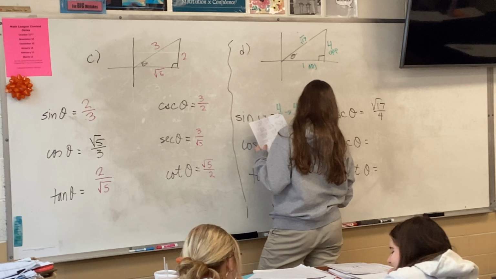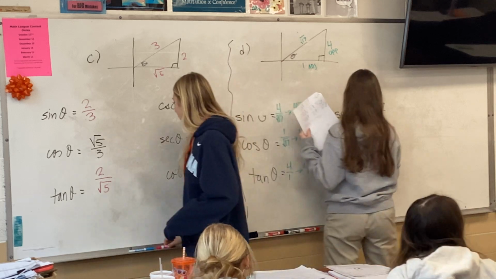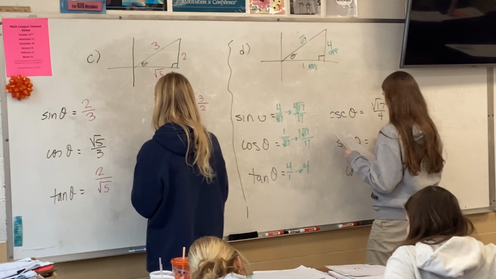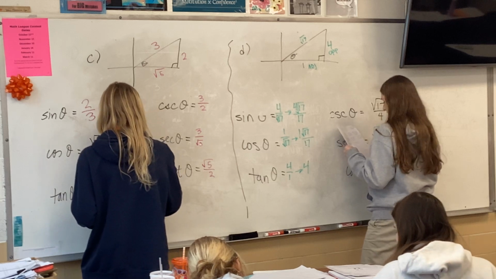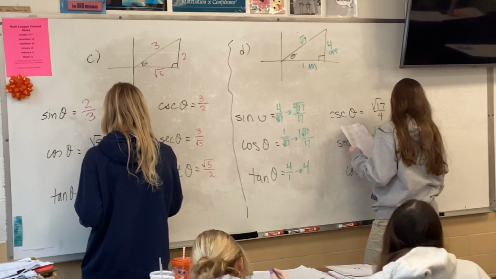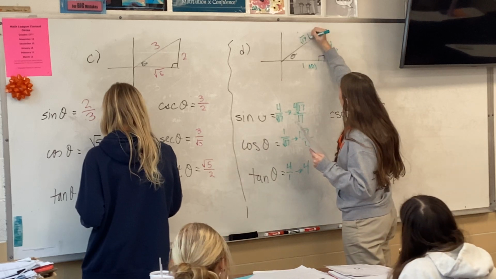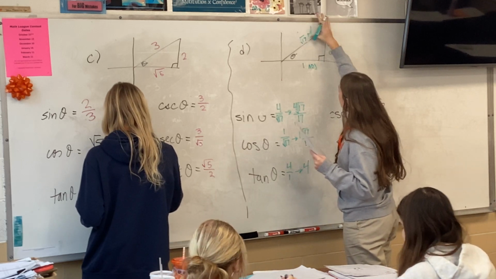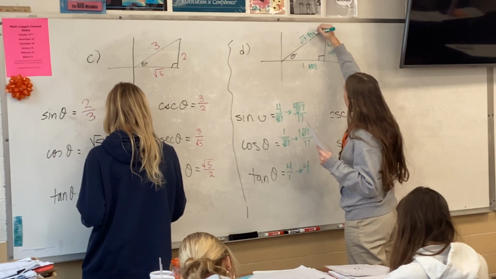What's the opposite? This row is the opposite. So 4 over 5.